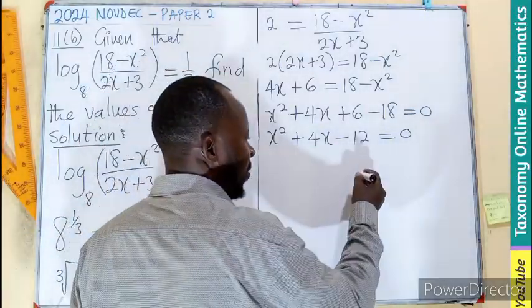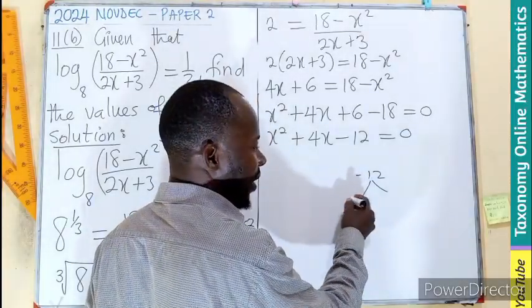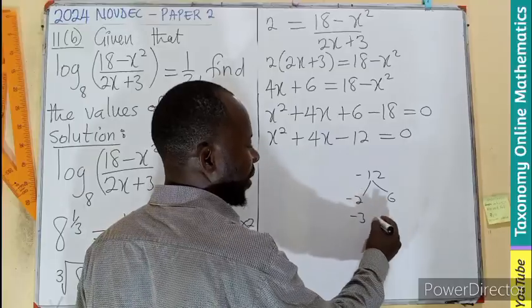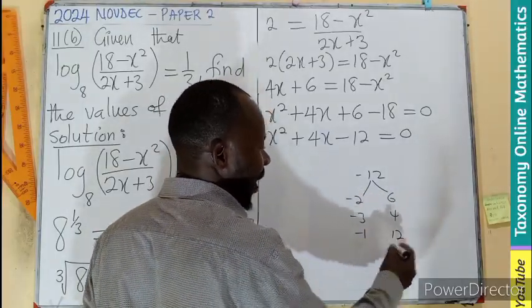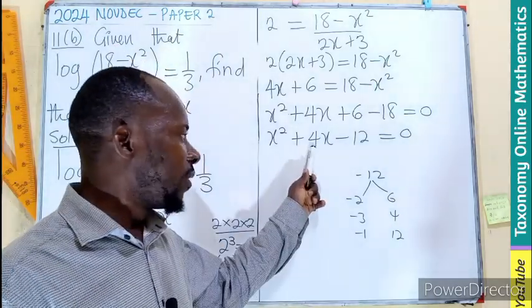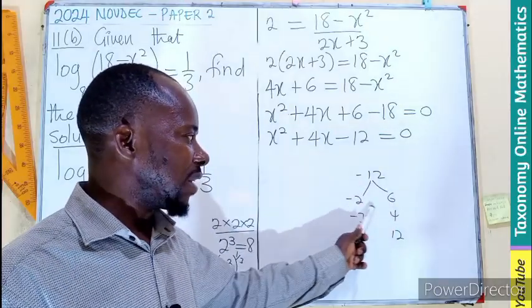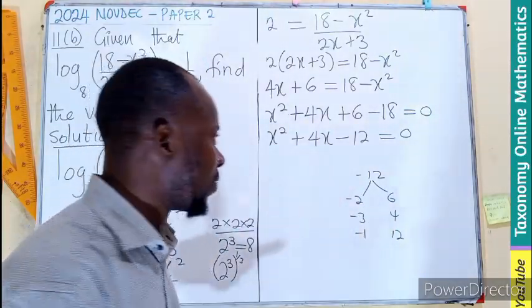Let's see. Factors of 12. That is negative, so I'll be having negative 2 and 6, negative 3 and 4, and of course, negative 1 and 12. So which ones you add to get positive 4 will be your factors. You can see here, minus 2 plus 6 will give you positive 4. So those are the factors we are looking for.